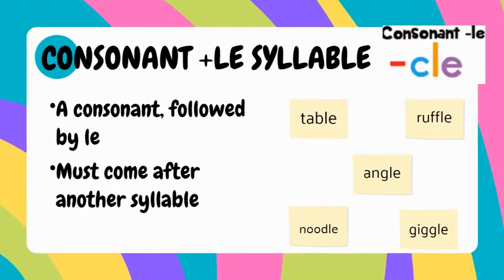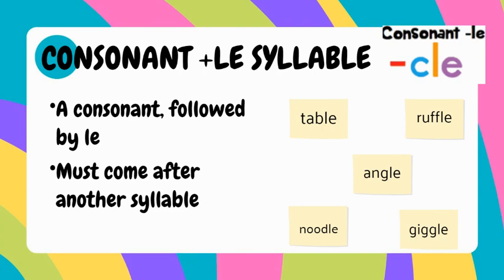Then we have the consonant plus the LE syllable. Pretty much in order to have this, you just have to have a consonant followed by the LE, and so it must come after another syllable. So when we're looking at the word table on the screen, our scholars would know to never split up the B and the LE, because it's always the consonant plus the LE.